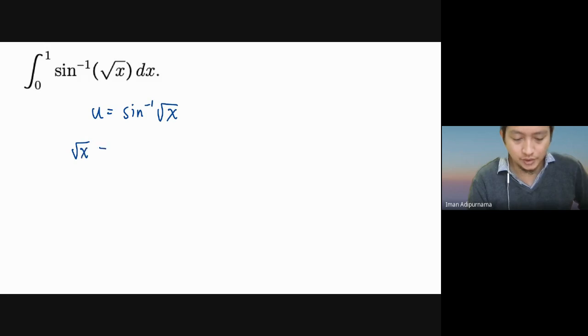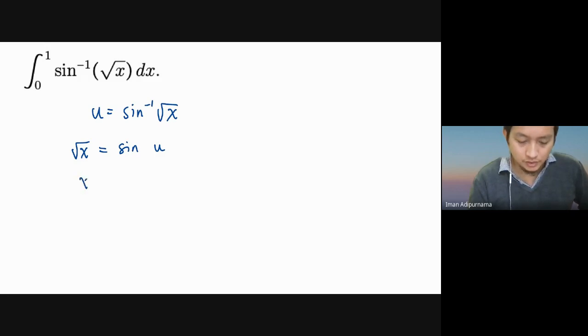Okay, first we can set maybe u, or y, or any variable you want. Maybe just u equals sine inverse square root of x. Then we will have square root of x is sine u, right?